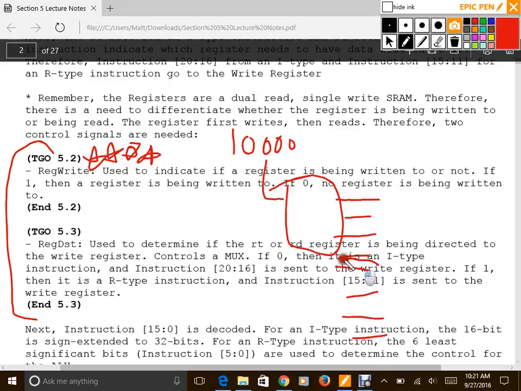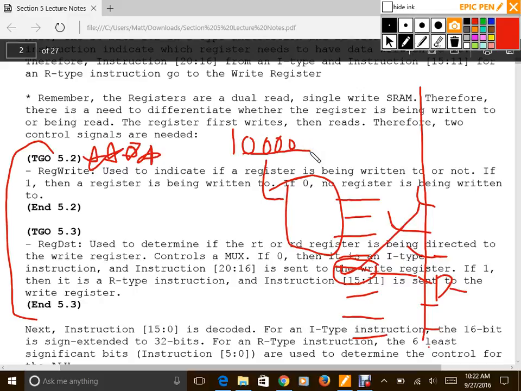The 16th one is going to be selected, so we have write register going in here, and it's like a bunch of AND gates. And since this is the one that has both AND gates, the value of 16 and reg write, then we can actually update the register with the value that's coming back. Otherwise, we don't. Does that make sense?